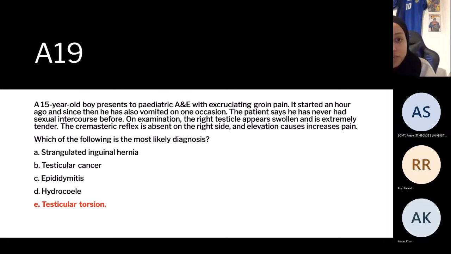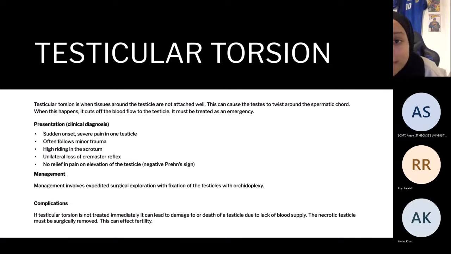So yeah, testicular torsion. So what is testicular torsion? It usually occurs when the tissues around the testicle aren't attached well, and it can cause the testes to twist around the spermatic cord. And when this happens, the testicle doesn't have any blood flow, and it is a surgical emergency.